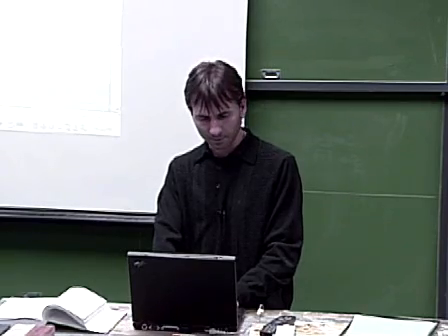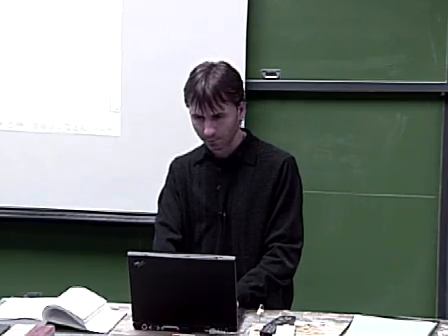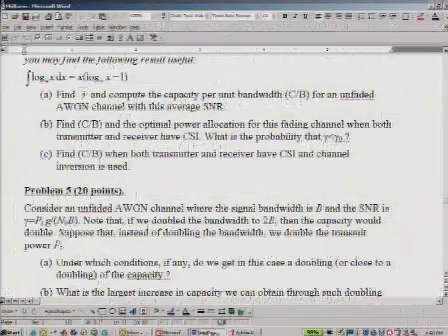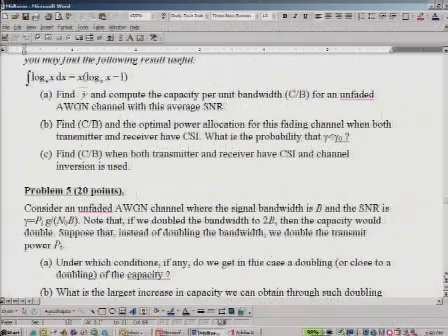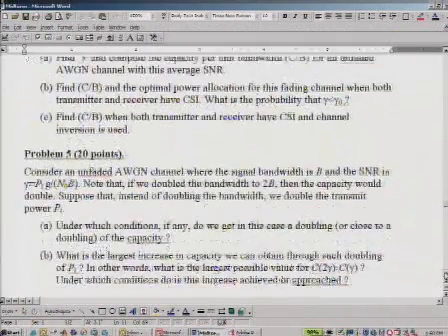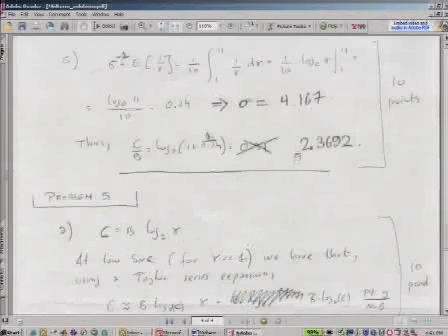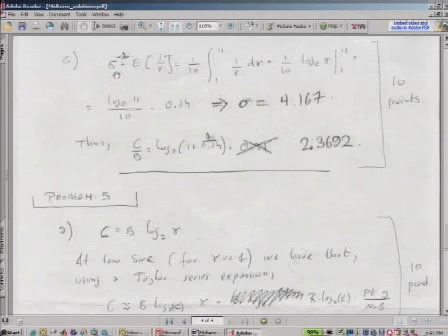Okay, so there's a third section here, part C, which says, now we use channel inversion again, so find C over B. We have to compute this sigma, which is the expectation of 1 over gamma.